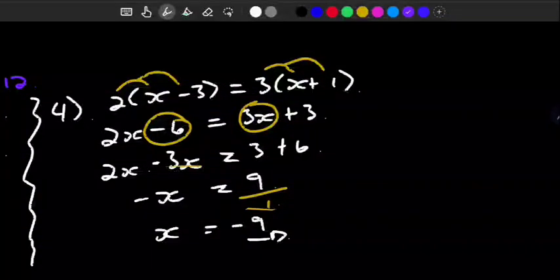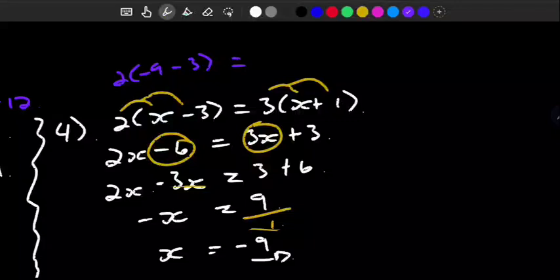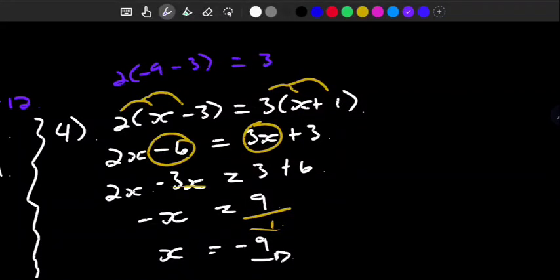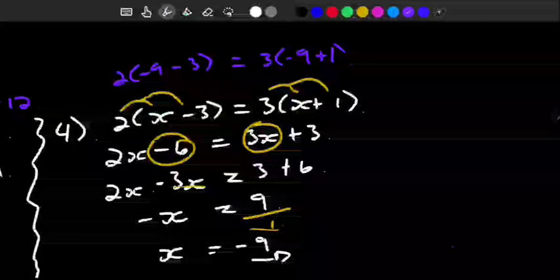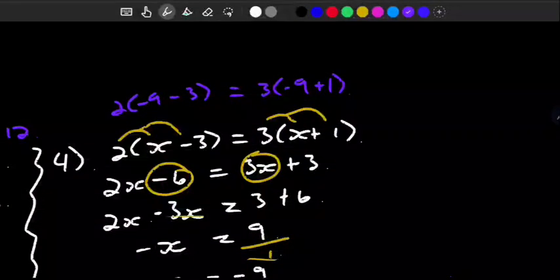Remember, last part, we substitute back so that we can confirm. So we have 2 open bracket. In the place of x, we put negative 9. Then we say minus 3 close bracket is equal to 3 open bracket negative 9 plus 1 there, right? Starting with the left hand side, I'm going to solve what's in the bracket first.